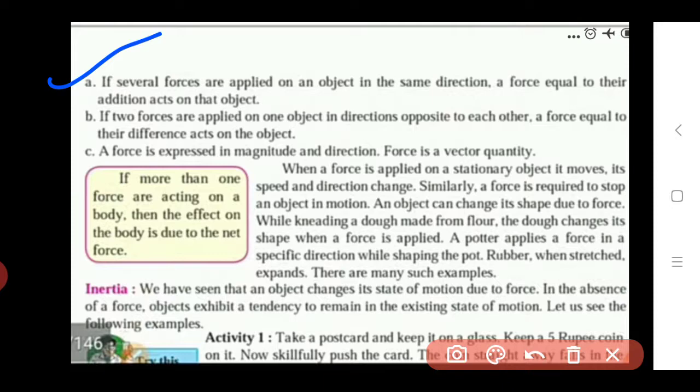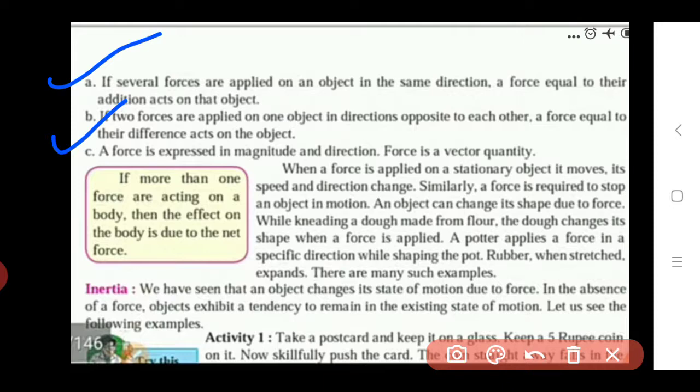So here we see this second, B. If two forces are applied on one object but their directions are opposite to one another, then the resultant force is equal to their difference. Here we have to take the difference between the forces which are in opposite directions.